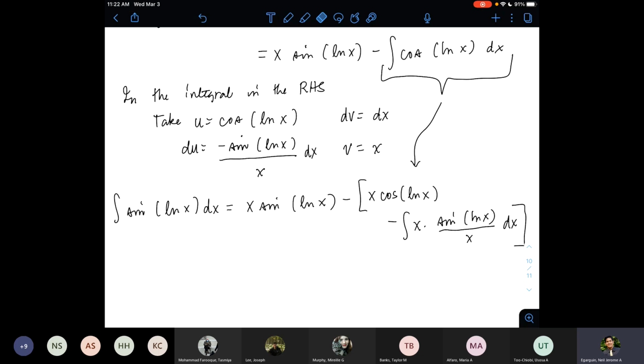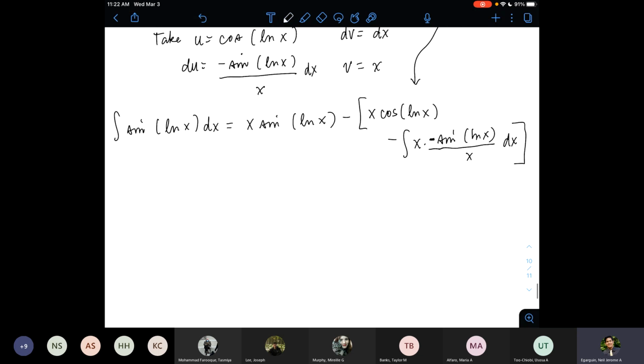But here I will have a negative sign, and that negative sign turns out to be very crucial. That's why this method won't work if it's a hyperbolic sine of ln x. I should have expected that, but we're doing the meeting live, so this happens. Anyway, let's simplify the left-hand side.